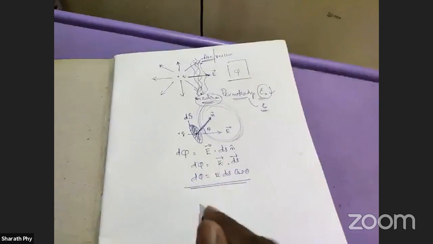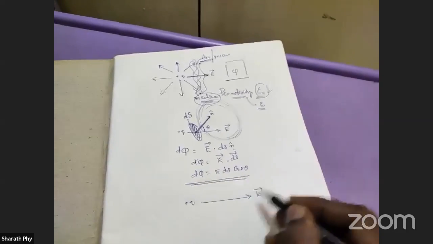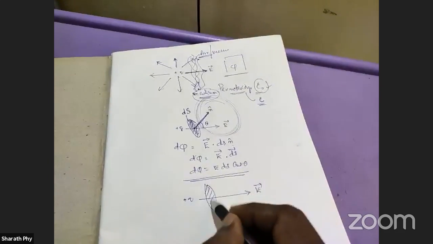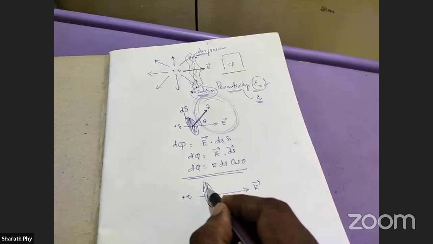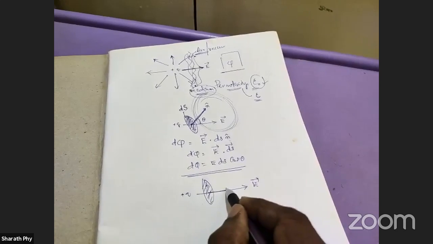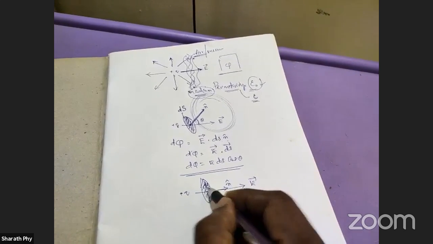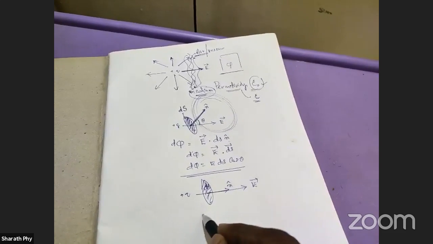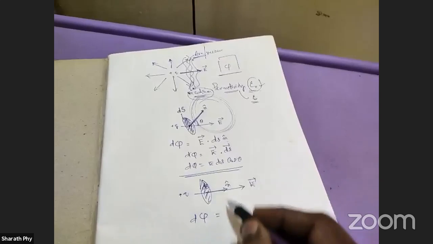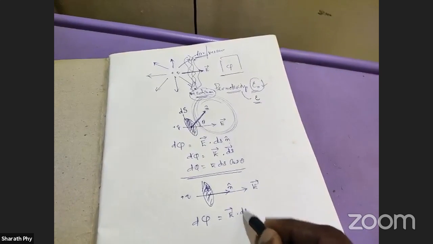If the positive charge is here, the electric field line is here, and the surface is like this, this is a small surface dS, and the normal drawn to the surface is in this direction. So this is a unit vector normal to dS. The flux at this surface is the dot product E bar dot dS bar.